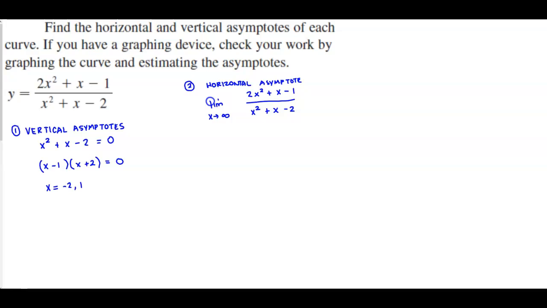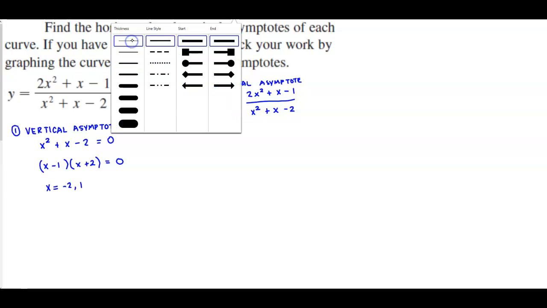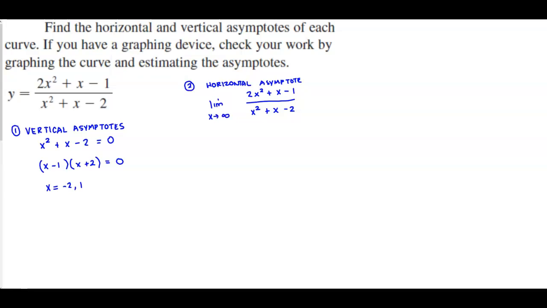So the first thing we want to do is look at the leading coefficients of each particular numerator and denominator, which is x squared. So we can multiply the numerator and denominator by 1 over x squared.